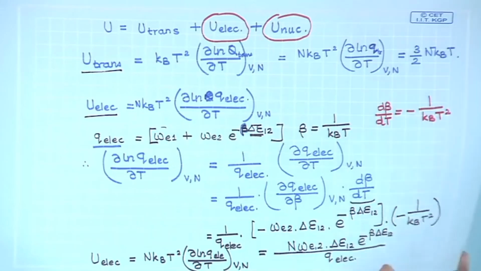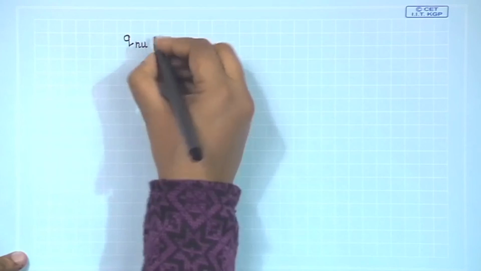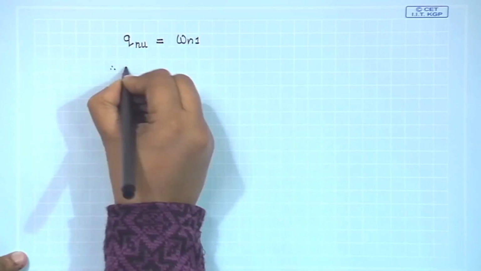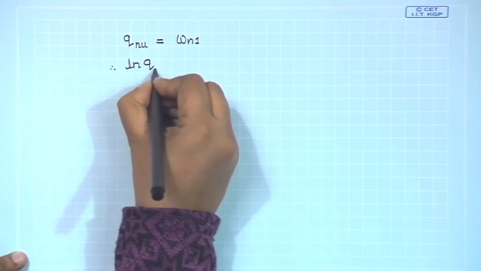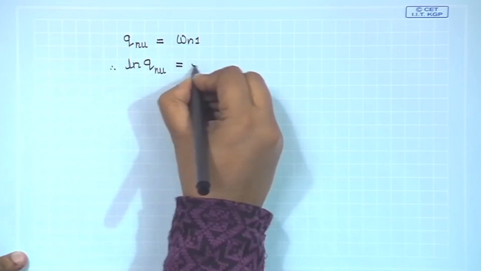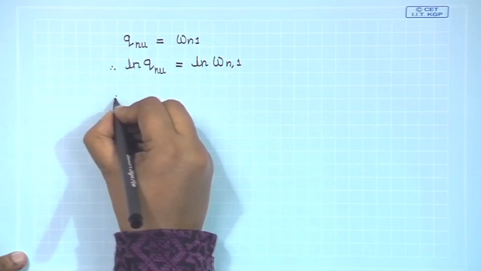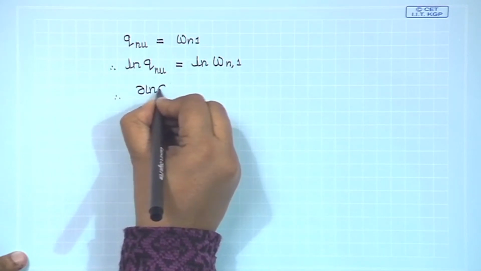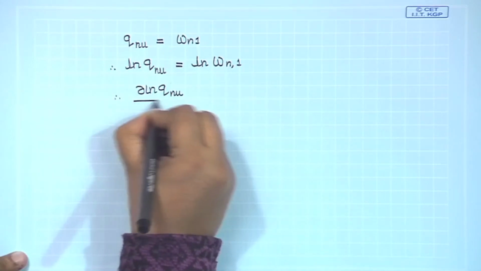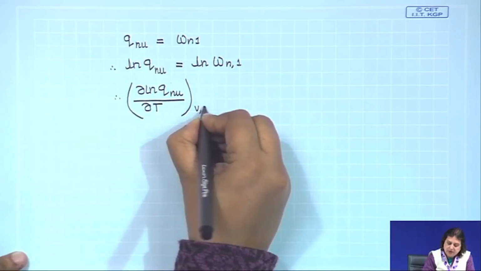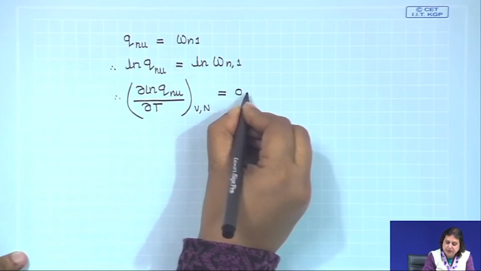Now, think about what is q nuclear. Once again q nuclear in this case is a constant term. Therefore, ln q nuclear is a logarithm of this constant term. Therefore, del ln q nuclear by del T under constant volume and number of particles is going to be equal to 0.